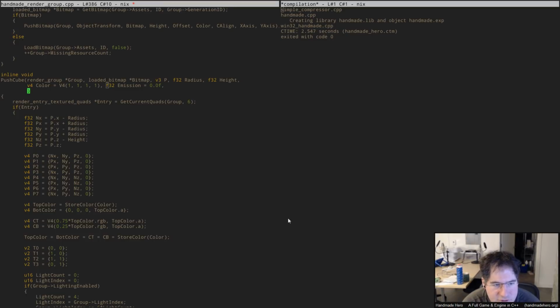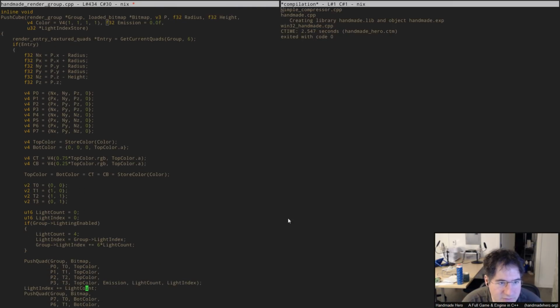So this is push cube. And if we wanted to make it take a lighting index that we then tracked, we would have to say, okay, we need to know the location of the light index value that we're writing back, because we're going to have to update this, right, in one way or another.